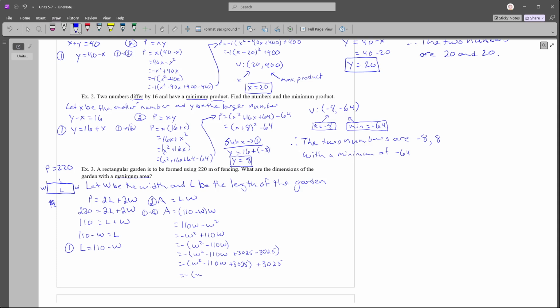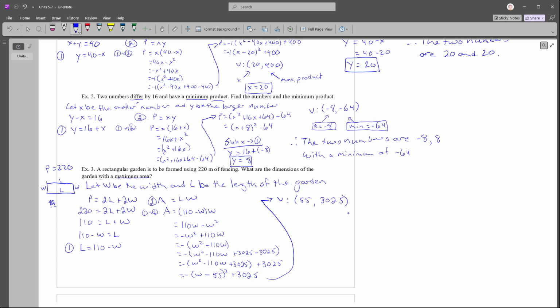Negative, we got W minus 55 squared plus 3025. What does that tell me? It tells me my vertex. You know what? Let's do this up here. This tells me my vertex is located at 55, comma 3025.